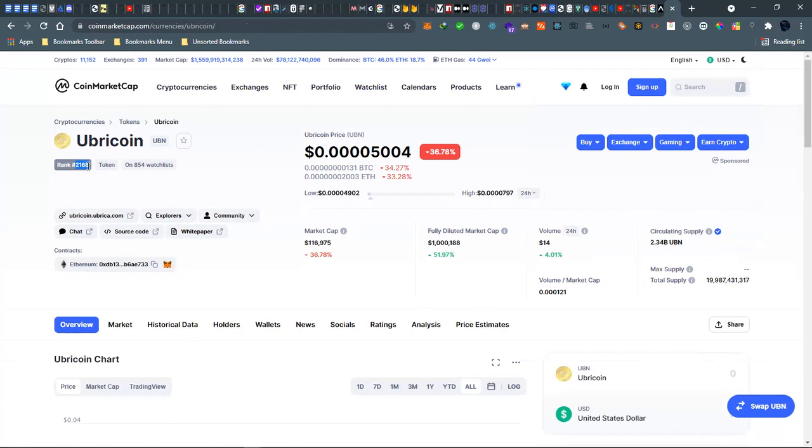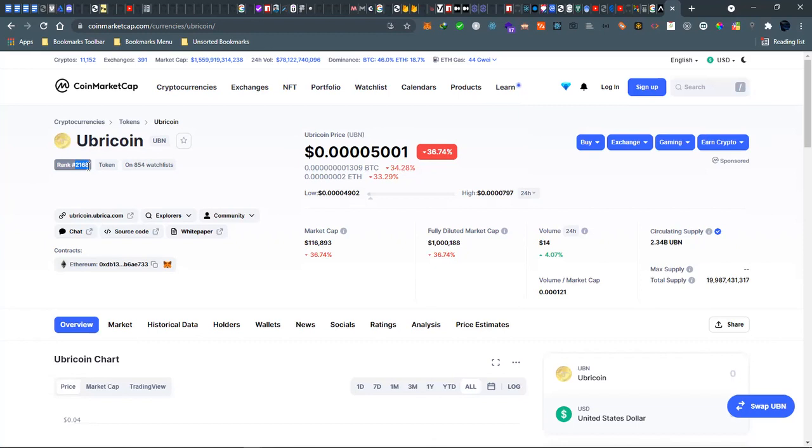It's one of the coins which is down below. It doesn't have any relationship with the company itself, that is Ubrica. So if the coin goes up, it doesn't necessarily mean that the value of the company will go up. There is no direct relationship.